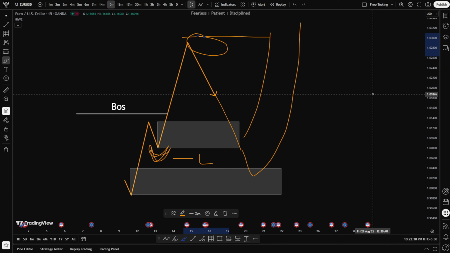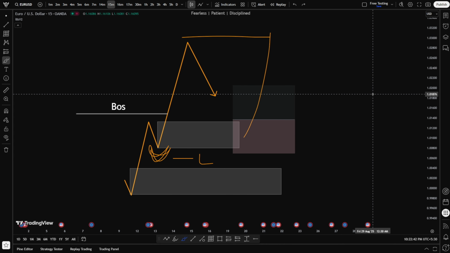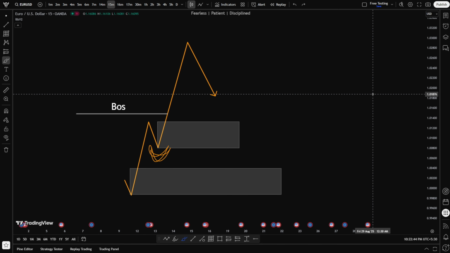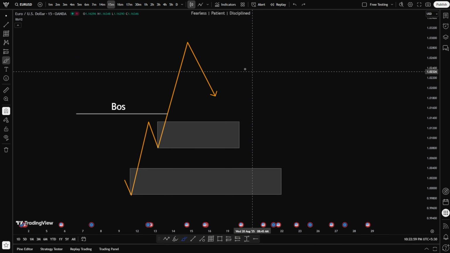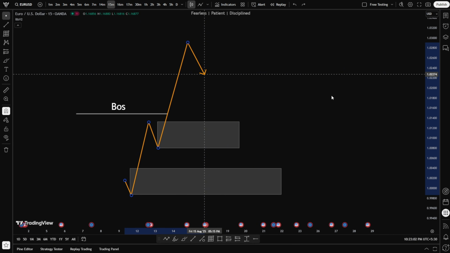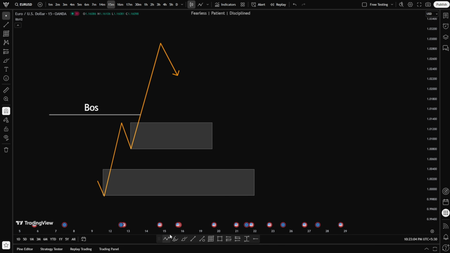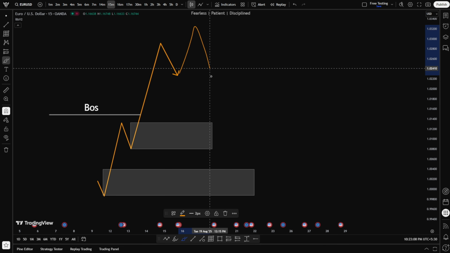So guys, this is the simple thing you should understand. Liquidity is not just double bottom, double top and all those things. Liquidity is present at every single point in the market. You should keep adapting and changing your trading style and entry types in accordance with how the market accumulates its liquidity. To give you an example, let's say that instead the market took this high and then is coming down.